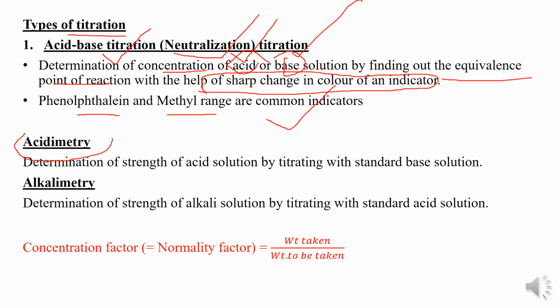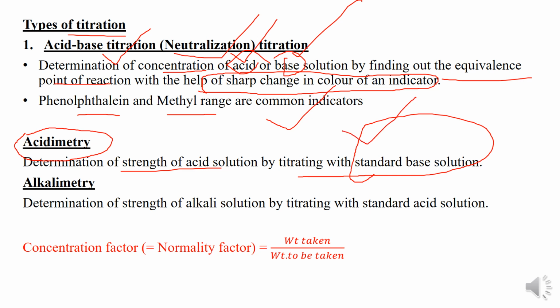Acidimetry. In acidimetry, the strength of acid solution is determined by titrating it with standard base solution. The standard solution is base, and we have to calculate the strength of the unknown acid solution.